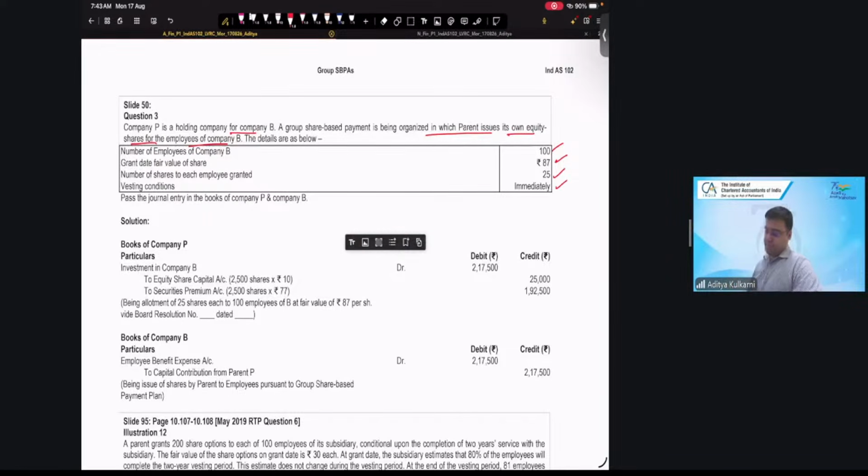So here you will pass the entry for how much? 2,500 into 10 and 87. So 87 minus 10, 77. So 1,92,500 investment in company B, 2,17,500. Are we okay with this?